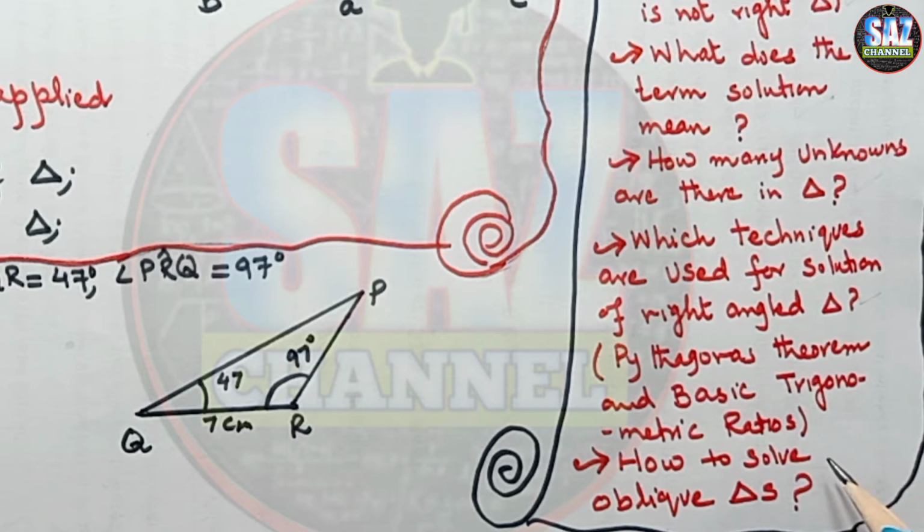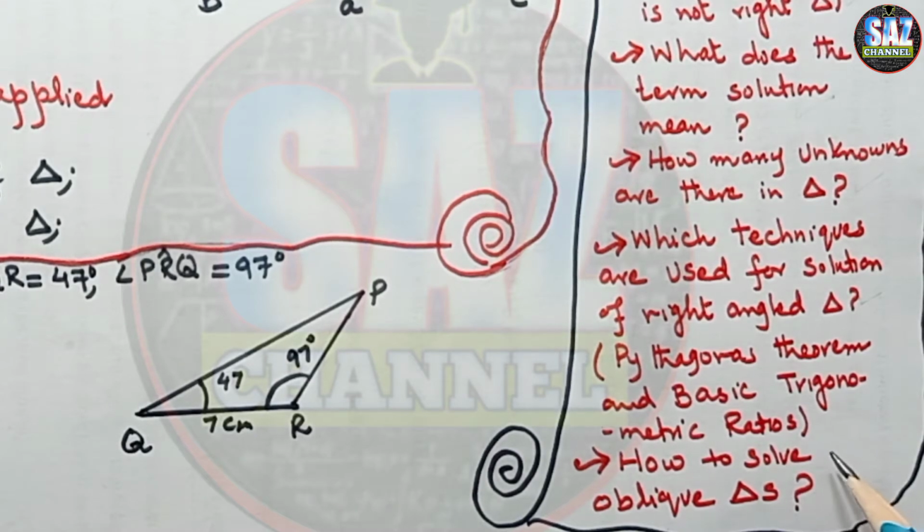But every time we will not get a right angle triangle. So how do we solve triangles which are oblique, which are not right angle triangles? To understand that, we will be discussing today's lesson.